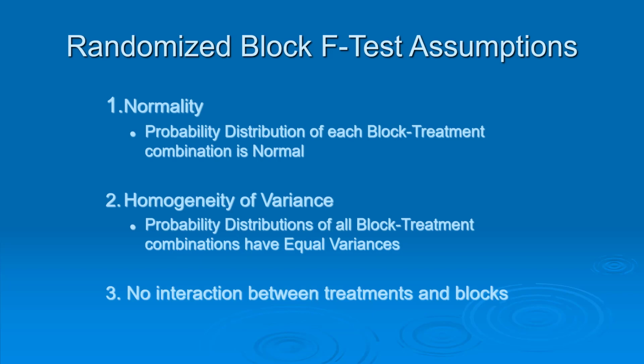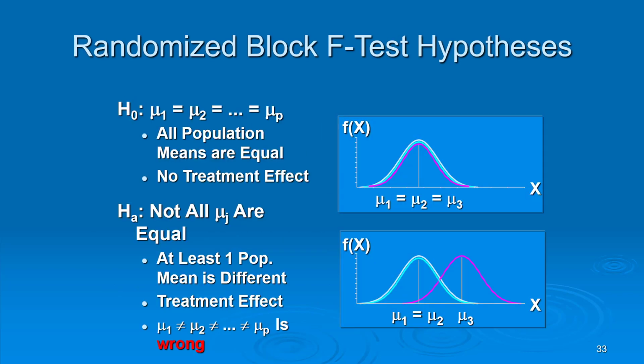One need not become concerned with the violation of the additivity assumption unless the largest mean is more than 50% greater than the smallest. Again, your alternative hypothesis is that at least one population mean is different. Be careful with your statement for the alternative.